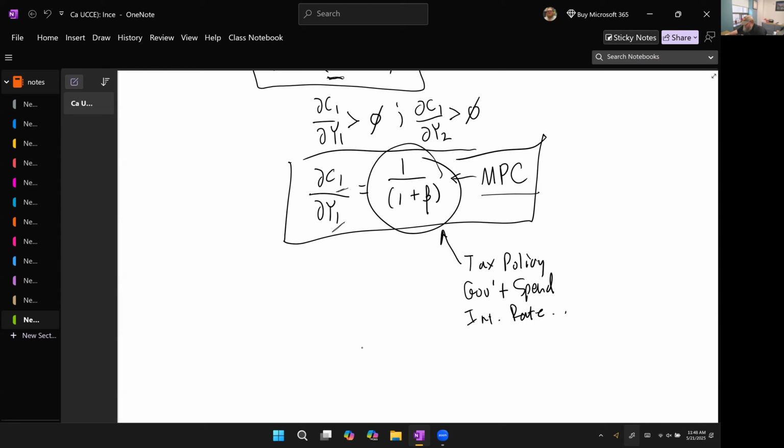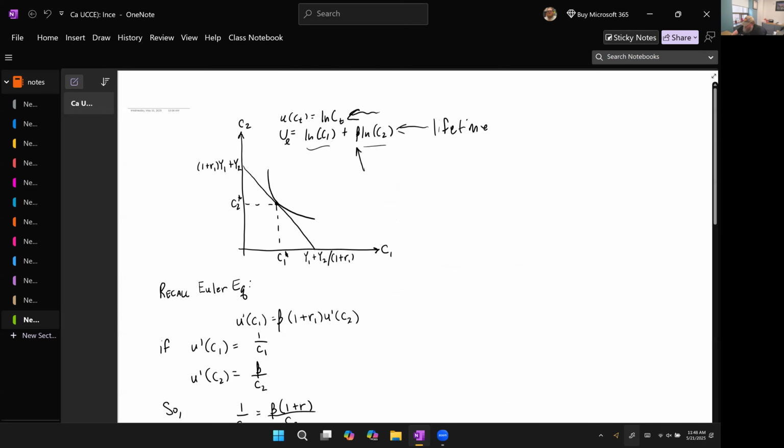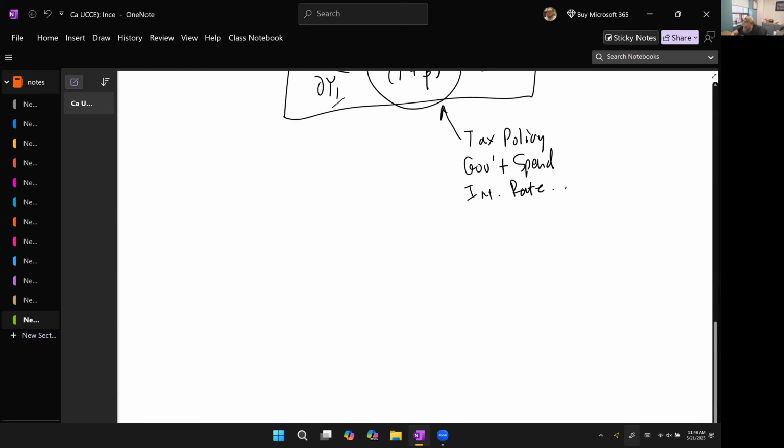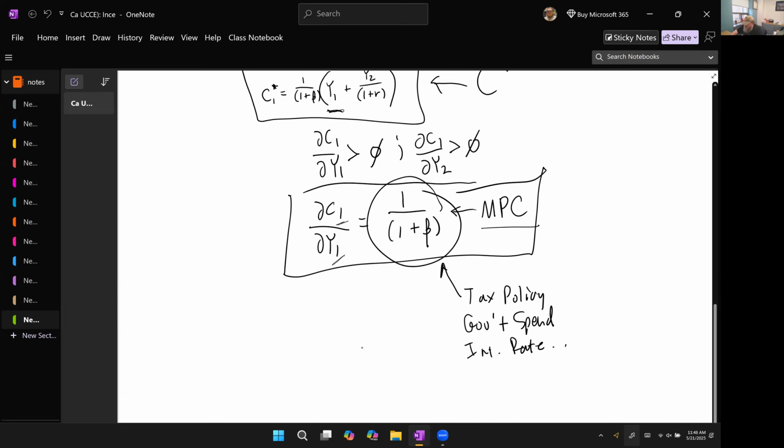We'll use it for many future calculations, but just to show you where this comes from, we said early on that the beta parameter is essentially a measure of impatience. Here we can see that as your beta goes up, your marginal propensity to consume, as you can see here, is also going to go up.